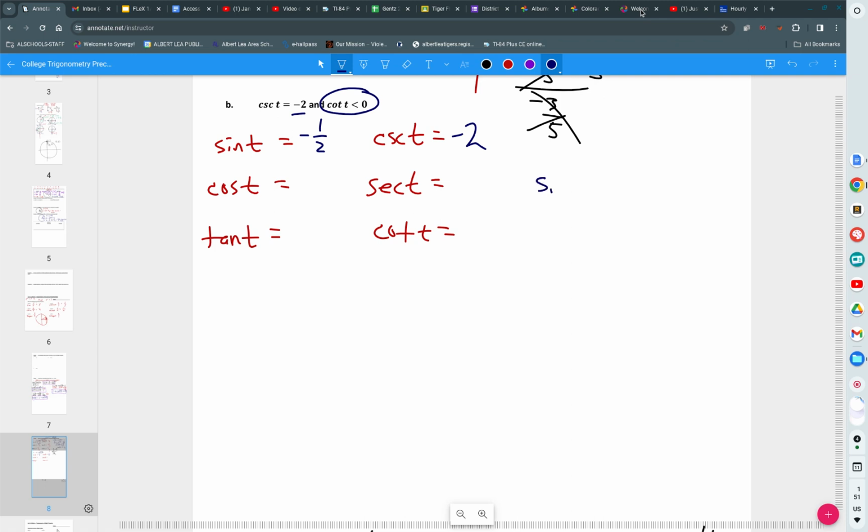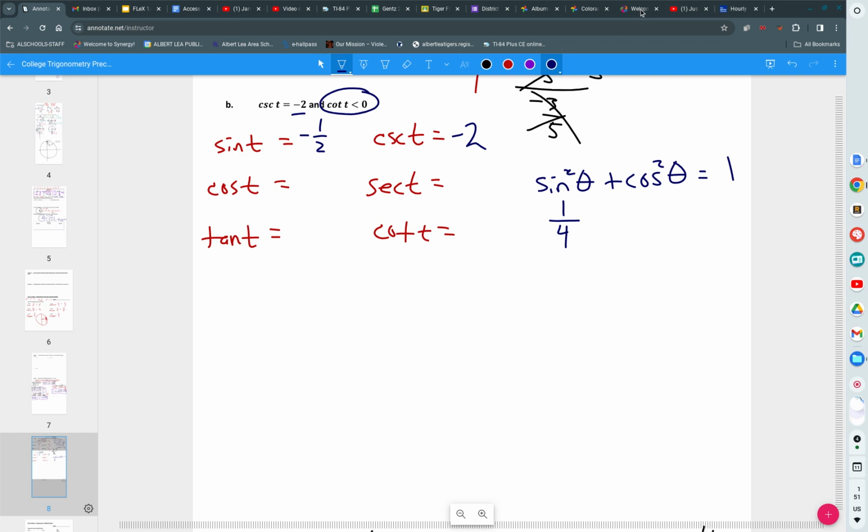We have sine squared of theta plus cosine squared of theta is equal to 1. What do you get if you square negative 1/2? 1/4. Please always make sure when you square something, you come out as a positive.